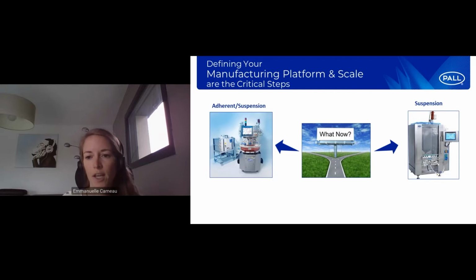So when thinking about the scale, one question that very often arises with our customers is what platform should I choose? Should I go adherent or suspension regarding the cells? This is something that is to be tackled as soon as possible in the process.